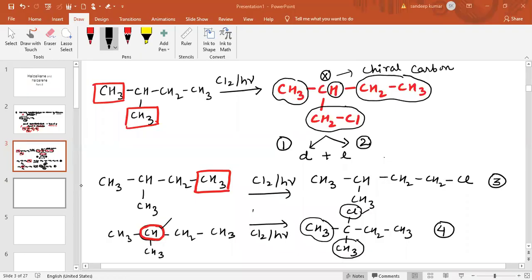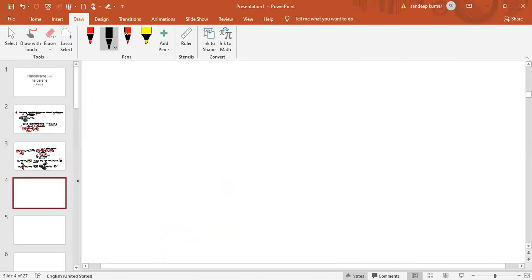So now the total products obtained till now are 1, 2, 3 and 4. Now I am looking for the next product, so I am targeting the next hydrogen. The compound is CH3CH2CH2CH3.